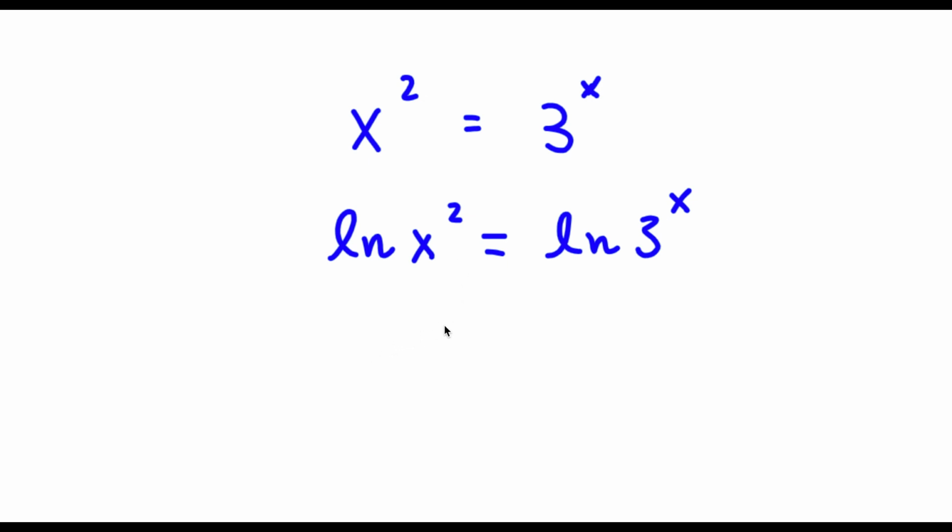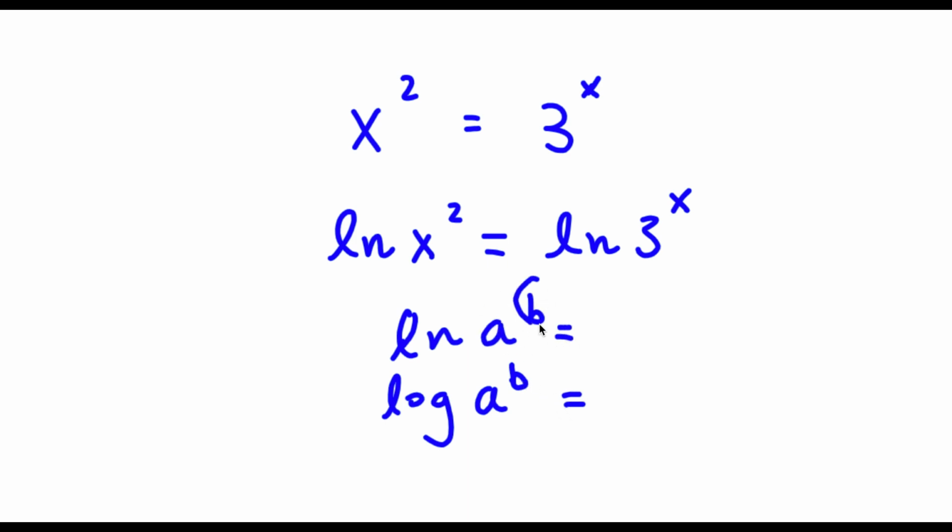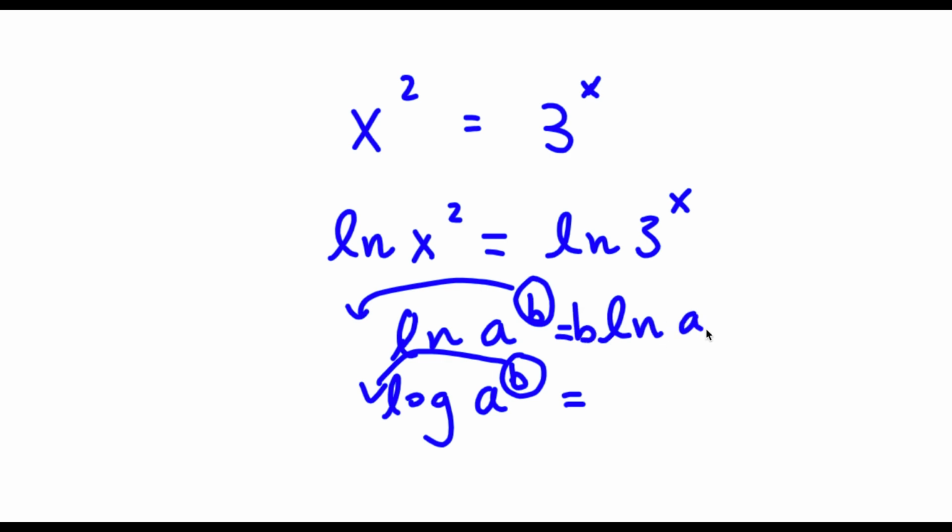And now an important property of logarithms is that if I take the natural log, or even normal log, of something in the form a to the power of b, I can actually move my exponent b to the front of the logarithm. So this is going to equal b times ln a, or b times log a.